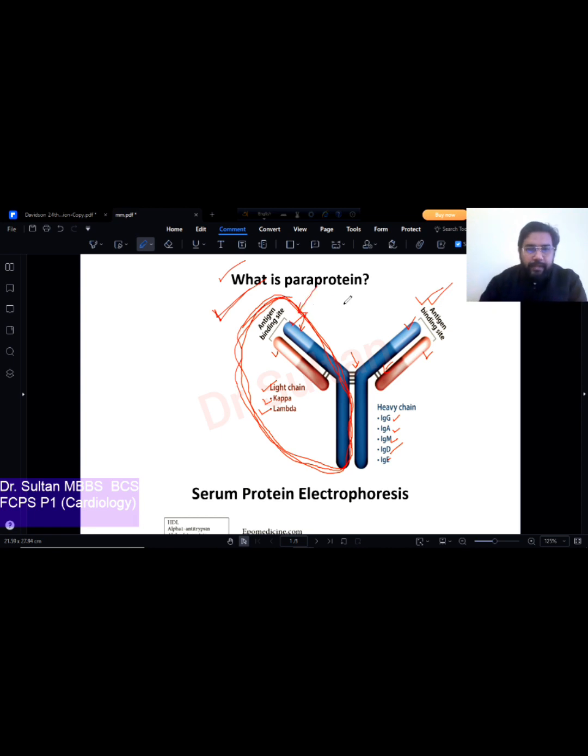There's no confusion, right? A normal immunoglobulin has two heavy chains and two light chains, but the paraprotein has only one heavy chain and one light chain. This is the paraprotein, or you can say it another way, M protein.